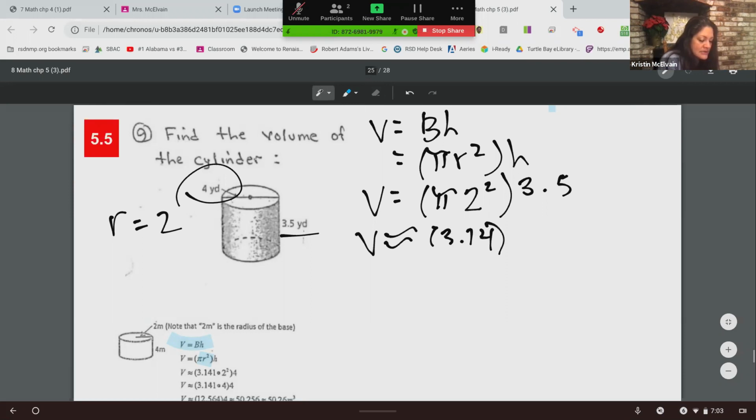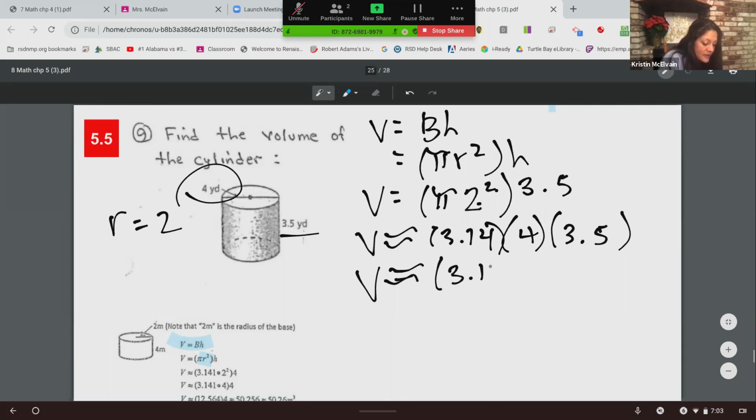So 3.14 times 2 squared, which is 4, times 3.5. So volume approximately equals 3.14. On my calculator, I am doing 4 times 3.5 equals 14, and then times 3.14 equals, oh my goodness, I keep forgetting the approximately.